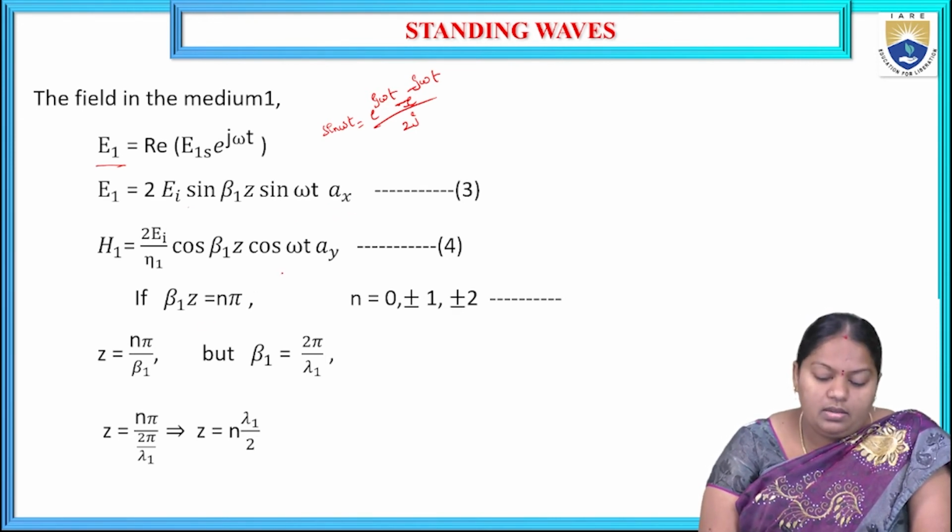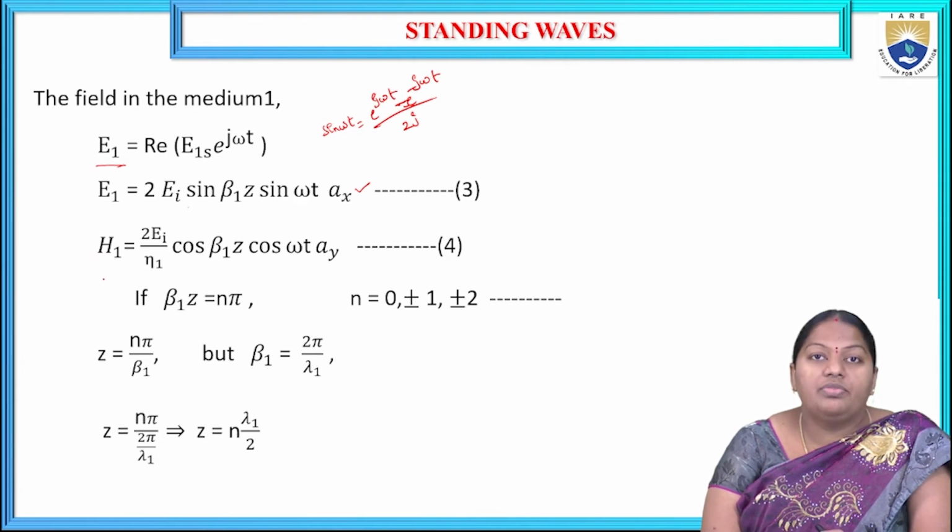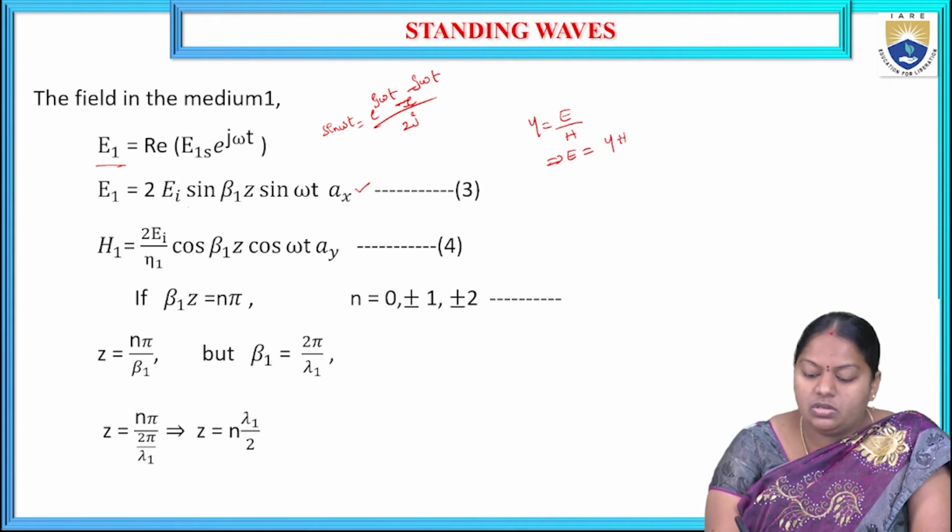From this electric field intensity vector in medium one, we will write the magnitude function for the magnetic field intensity vector. As we know, the intrinsic impedance eta is the ratio of E to H. To write the equation for E, it is multiplied with eta and H; to write the equation for H, it is E by eta.